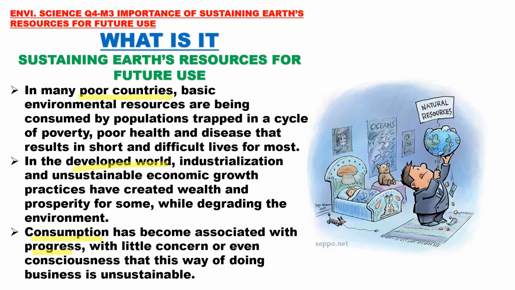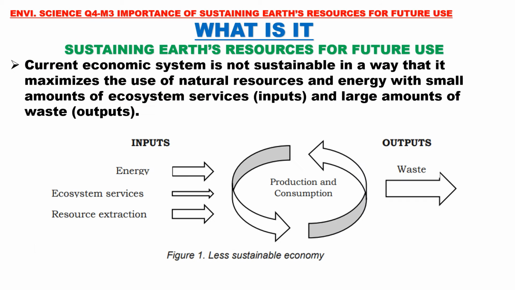A long-term pattern of overconsumption in any given region or ecological system can cause a reduction in natural resources that often results in environmental degradation. Our current economic system is not sustainable in a way that it maximizes the use of natural resources and energy, with small amounts of ecosystem services as inputs and large amounts of waste as outputs.